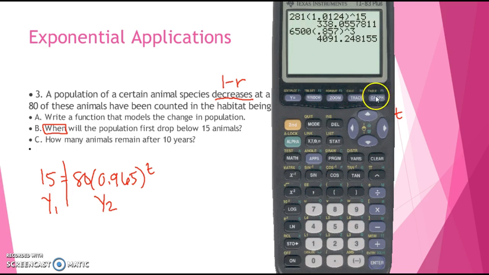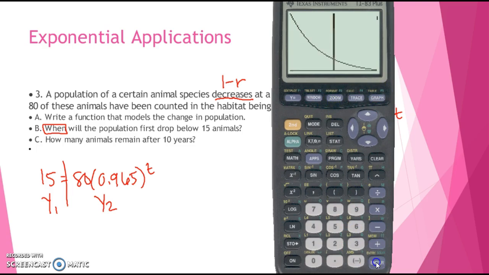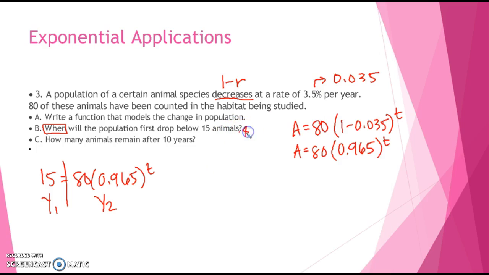So I'm going to quit, go back to my graph, go zoom 3. Let it load. Now I'm going to do the same thing again. This time I shouldn't get an error. There we go. So 46.98, or we can round that to 47. So this is 47 years.